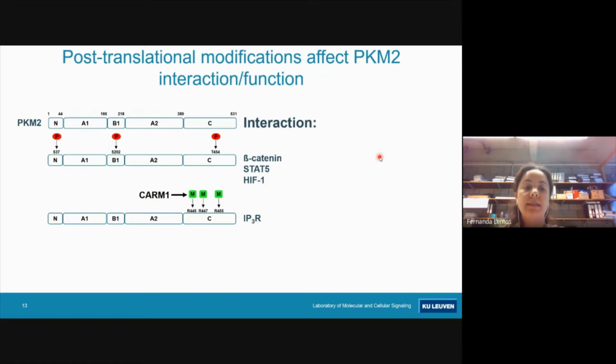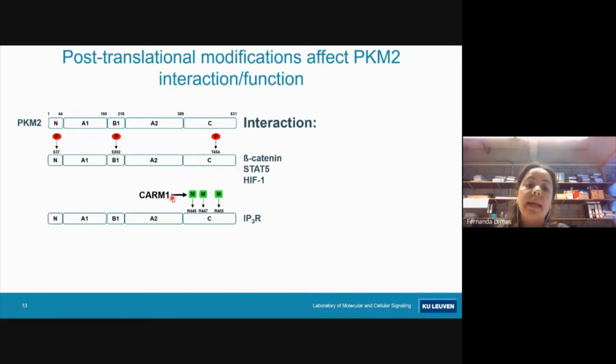But first, it's important to say that post-translational modification is really important for the function and also for the interaction of PKM2 with other proteins. For example, it's well characterized that phosphorylation in these specific residues can promote the interaction between PKM2 and beta-catenin, STAT5, and HIF1.